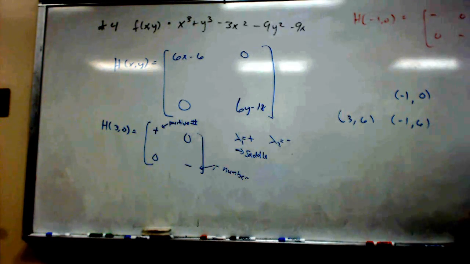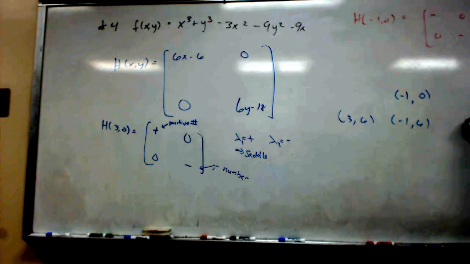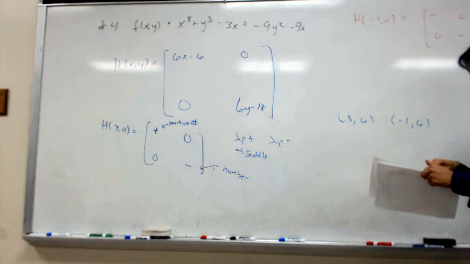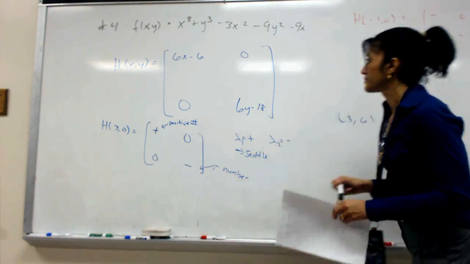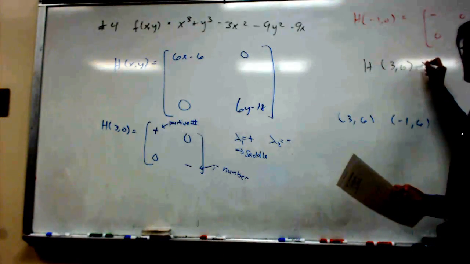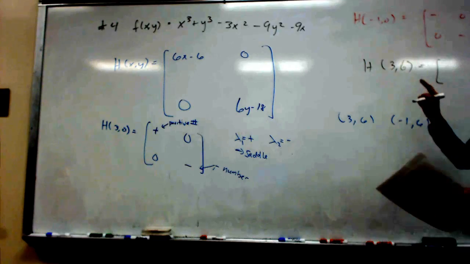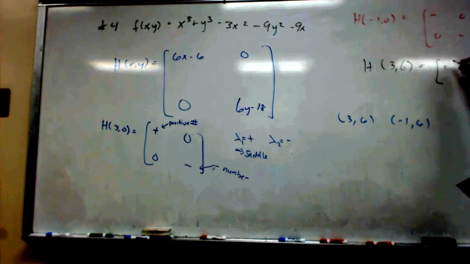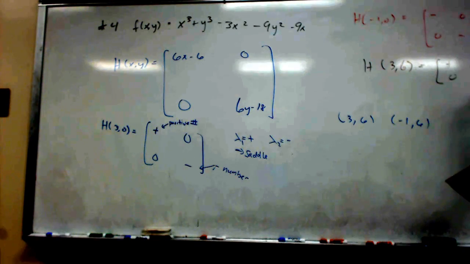And then you reapply. You do this for every single one of them. So we got this one done. If I put 3 in there, tell me the sign. Positive. Positive, 0, 0, 6. Positive.